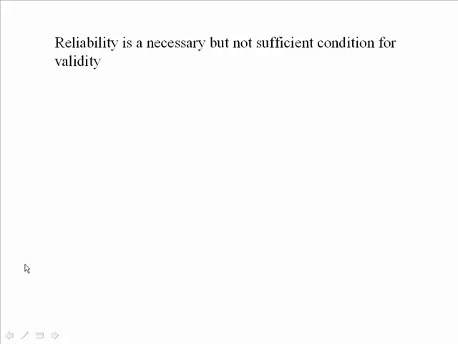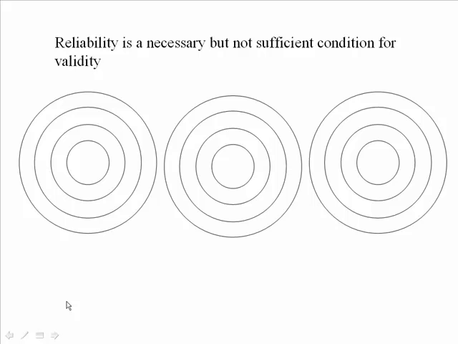At the same time, it's not possible to have accurate results when we can't even establish consistency. We can also see this illustrated through a series of results of target shooting. In our first illustration, we have a result pattern where all of the shots are first clustered close together, which would suggest a certain level of consistency.